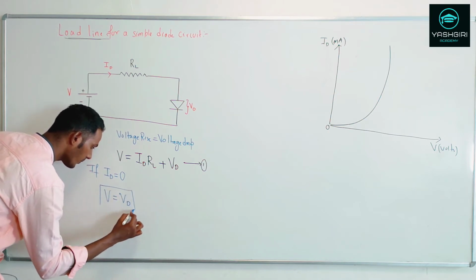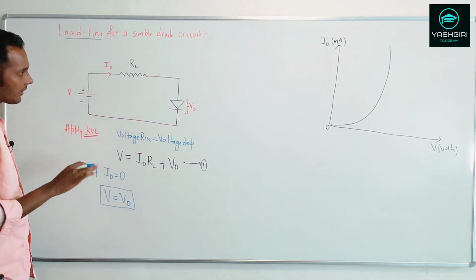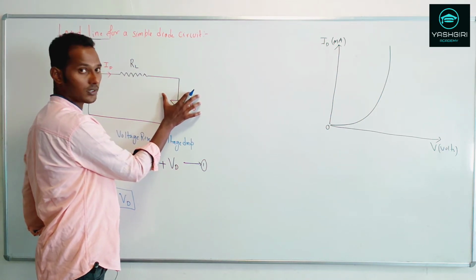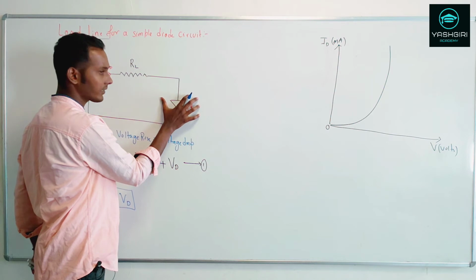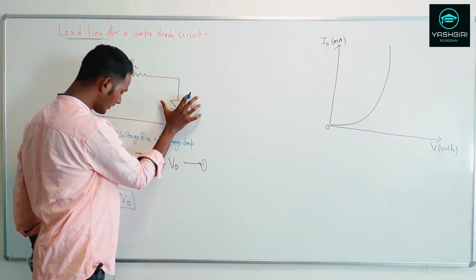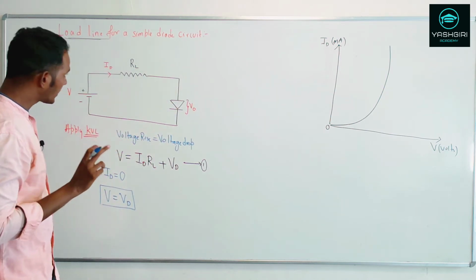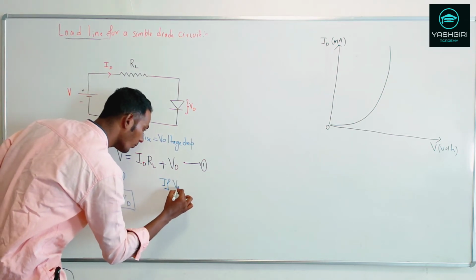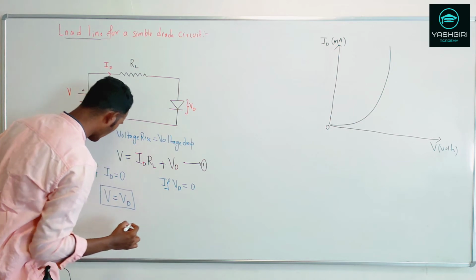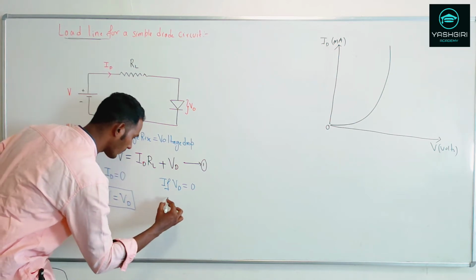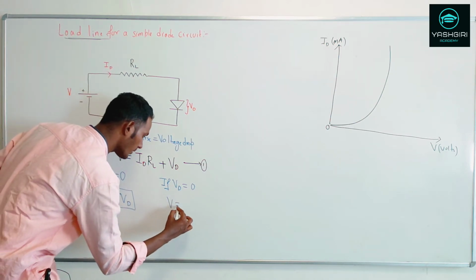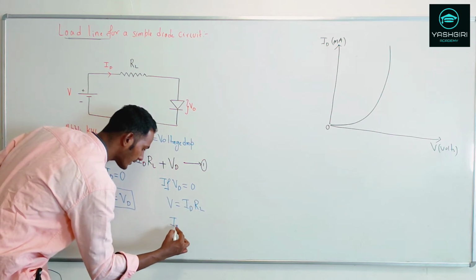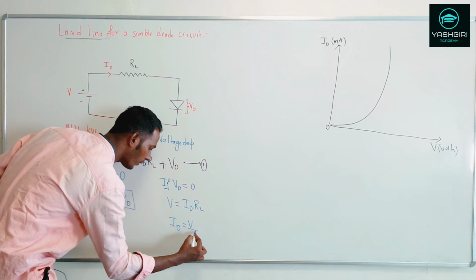So that's the first equation I have got. In the same manner, if I consider the voltage drop VD across the non-linear electric device to be 0, then I'll get V is equal to ID into RL, or else I can rewrite this as ID is equal to V upon RL.